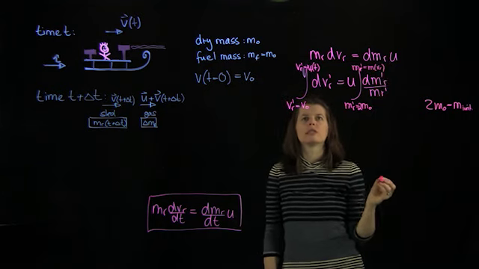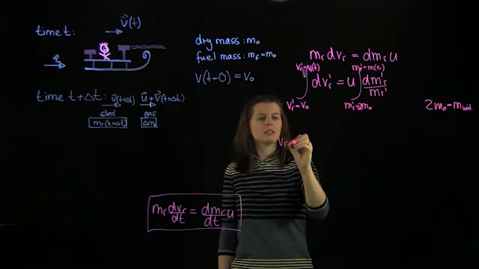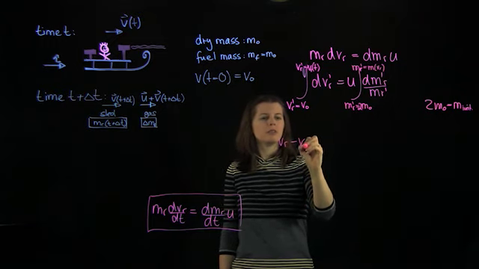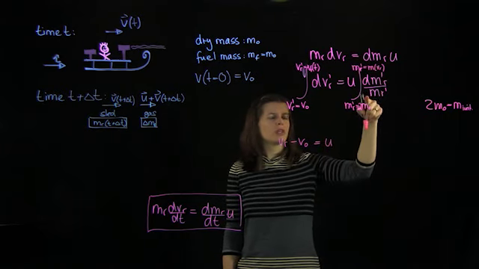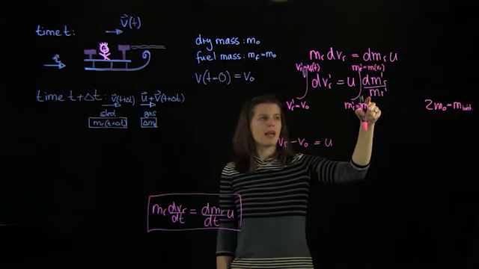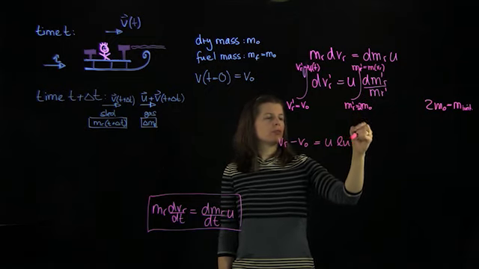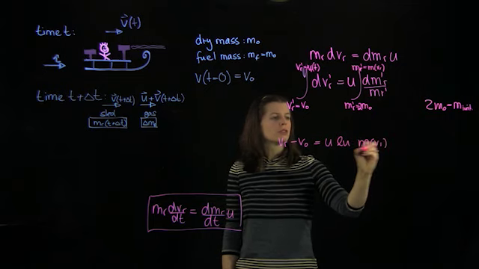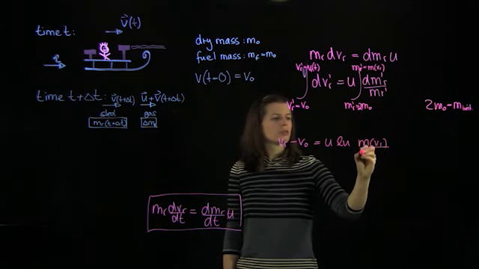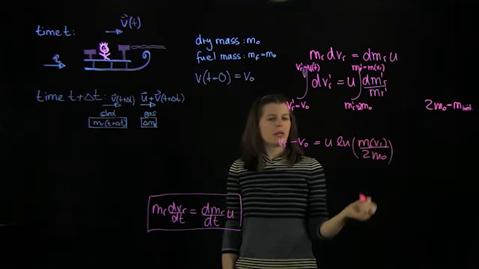All right, so let's do that. We're going to get v_r minus v_0 equals u times 1 over m, which integrates to give us an ln. So ln, and then we can immediately do this here over 2 m_0.